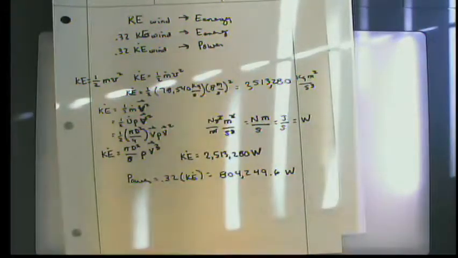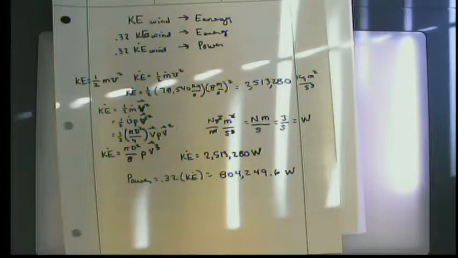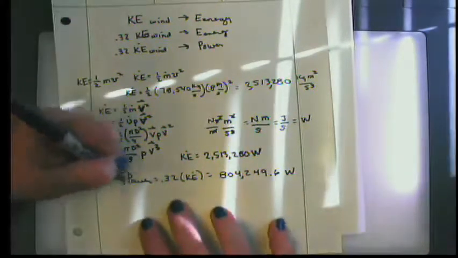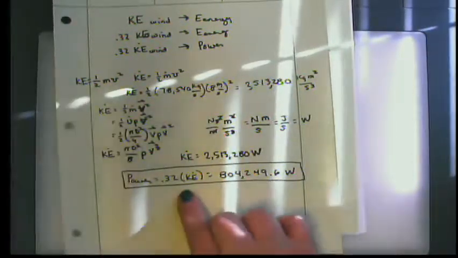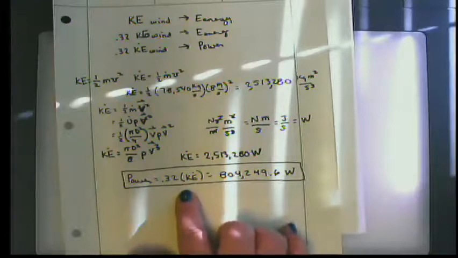Okay, now a watt is, as we said, a unit of power, and so the question asks us, taking the overall efficiency to be 32% and air density to be this, determine the electrical power generated by the wind turbine. This is the first answer. This is the electrical power generated by the wind turbine.